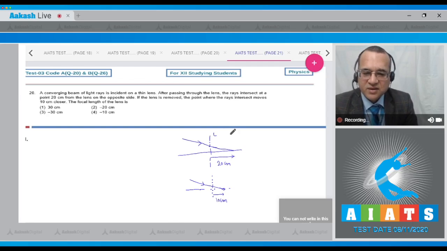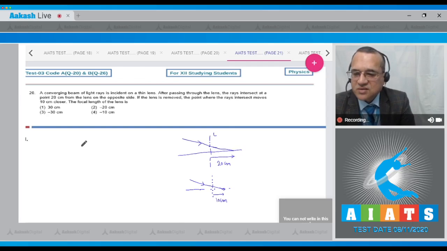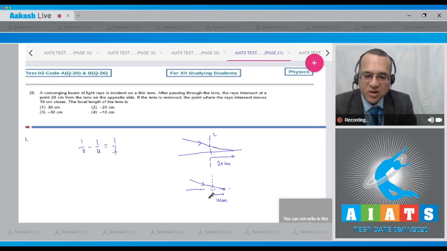But dear students, this ray has been converging, and for the lens, the formula is 1 by V minus 1 by U is equal to 1 by F. If we want to calculate what U is, the object will be virtual, so your U will be equal to 10 cm. And where is the image formed? V is equal to 20 cm.